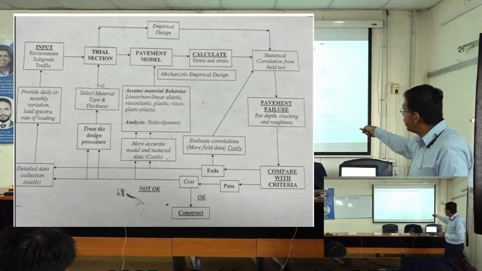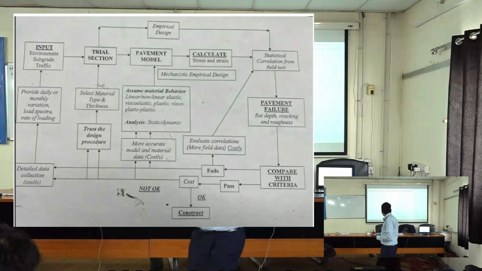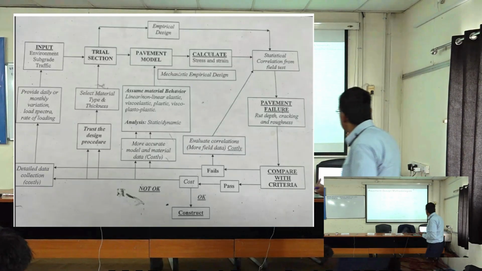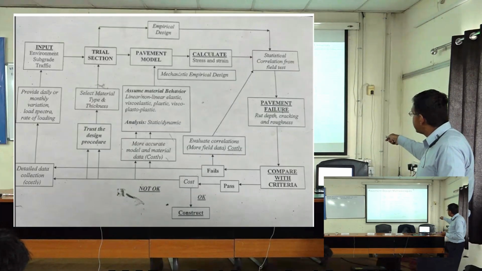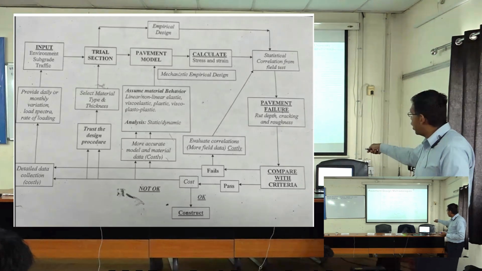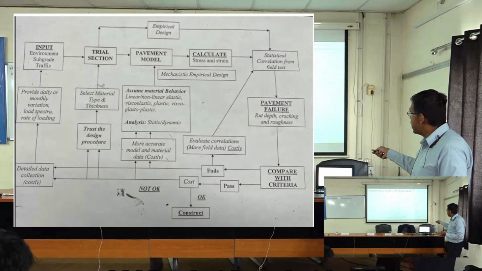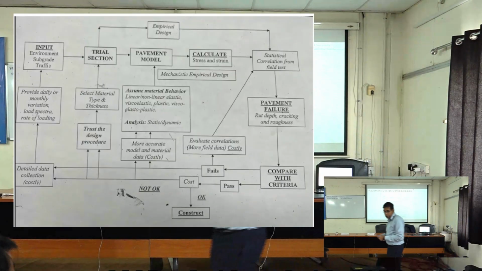So you can do a linear elastic, non-linear elastic, viscoelastic, or viscoplastic analysis, and you can develop your pavement model and get your design. Then you compare with your pavement failure criteria. If it passes, you are good to go. You check your cost and constructability. If it fails, you have a couple of options ahead of you.